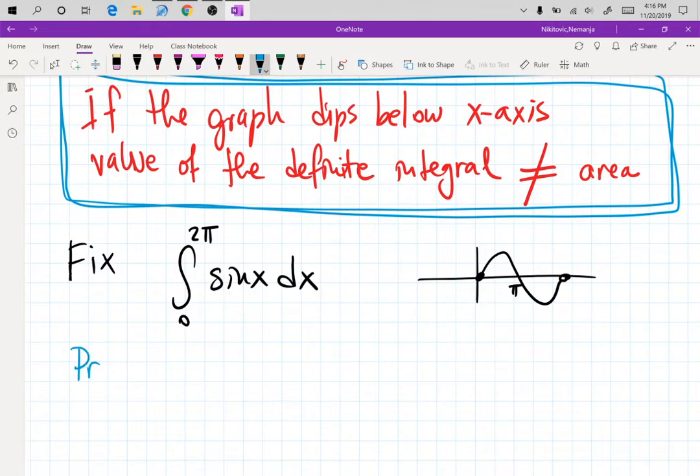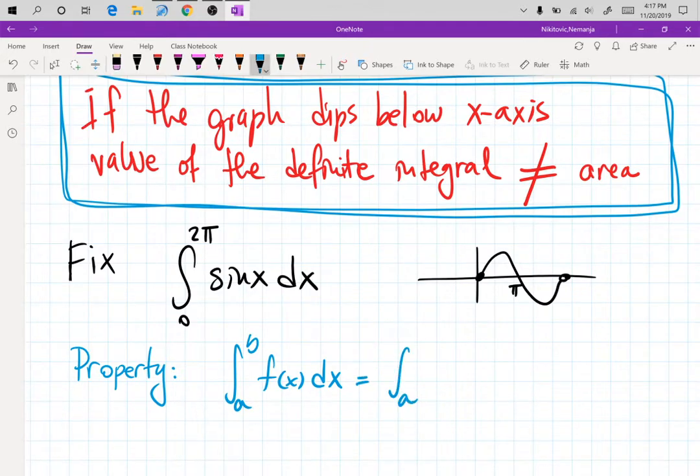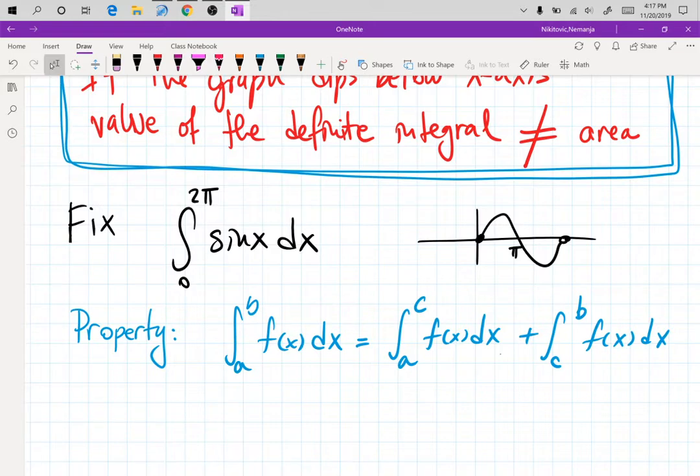So here's the property that we need. The property says integral a to b of f of x dx is equal to integral a to c f of x dx plus integral c to b f of x dx, with this c being in between a and b.